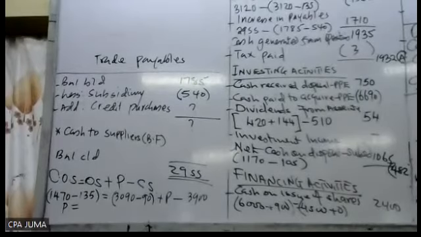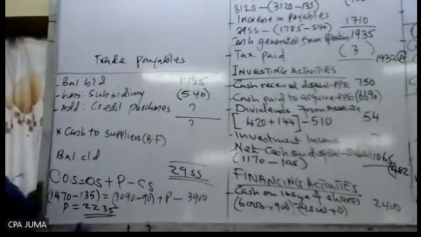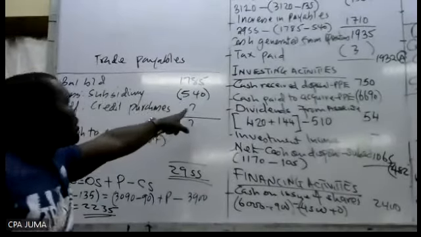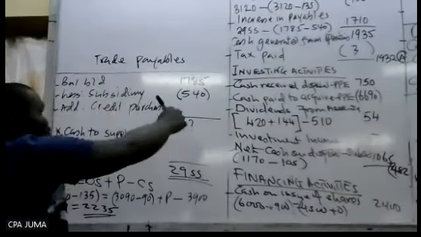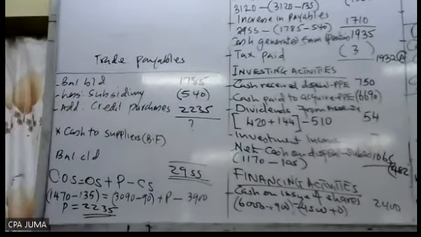22? 35? Yes. Okay, people are saying P is 22,35. So if P is 22,35, bring it up here. So we assume that P was all on credit. So you bring here 22,35.